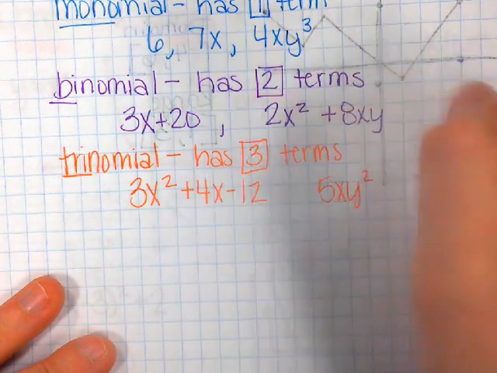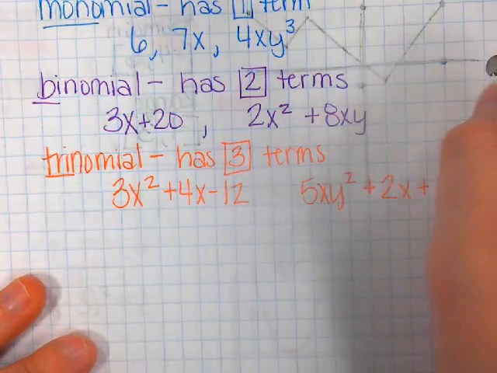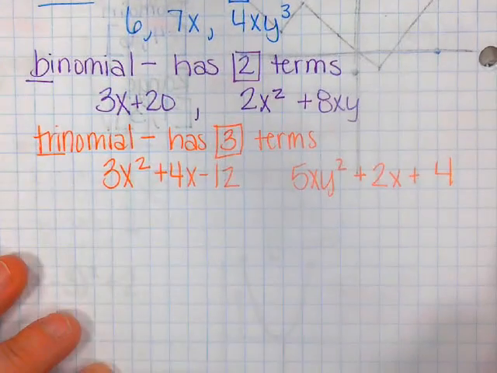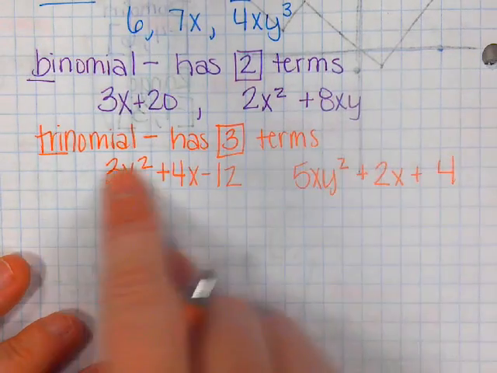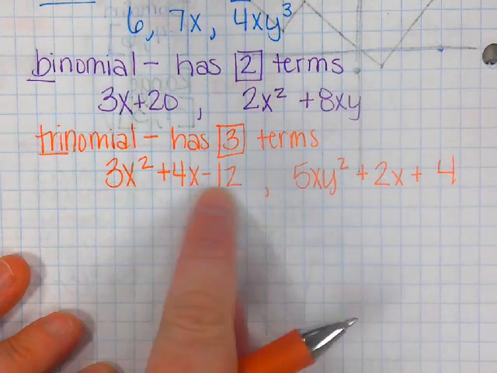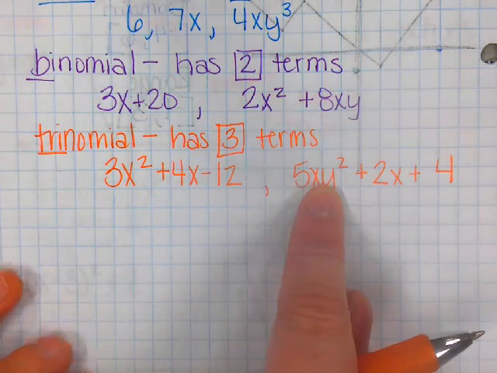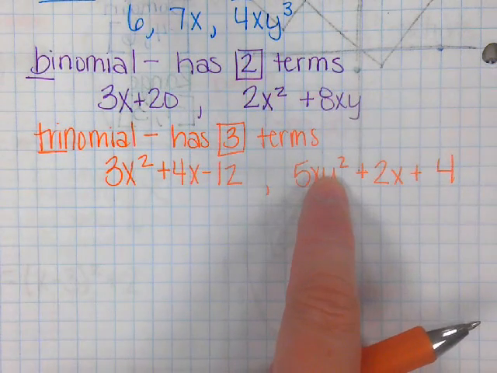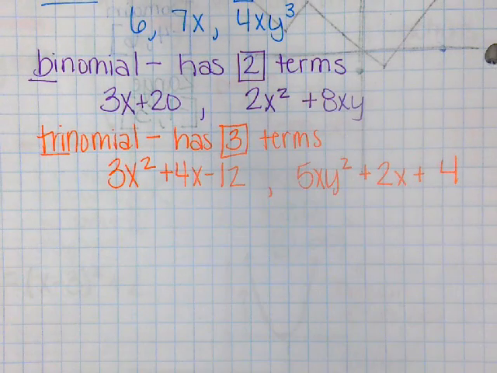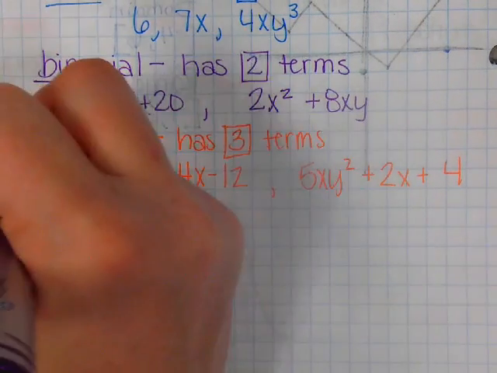Then 5xy squared plus 2x plus 4. Notice those are two different examples because there are three terms. Again, it doesn't matter how many letters or numbers there are, it just is three different terms. Okay.